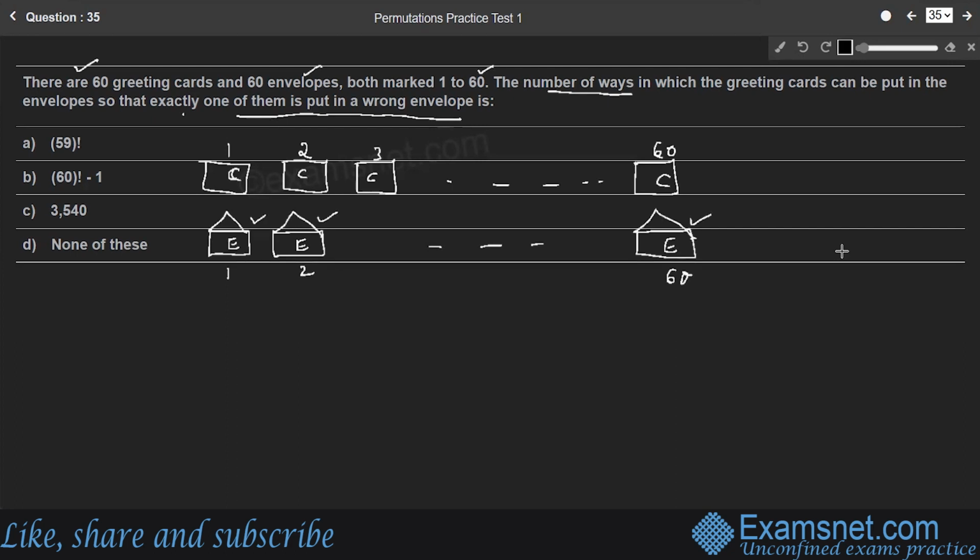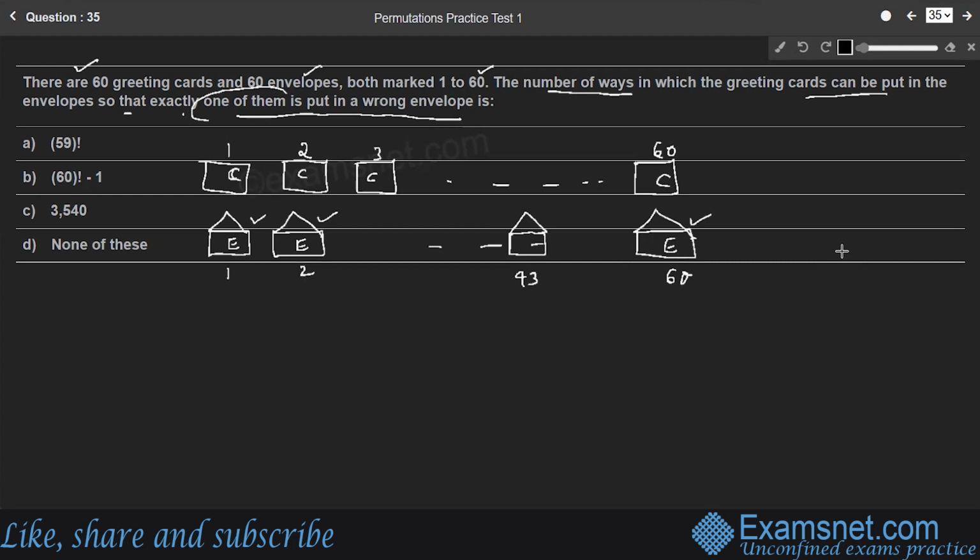So it is given that the greeting cards can be put in the envelopes so that exactly one of them is put in the wrong envelope. So somewhere in the middle, say for example in envelope number 43, the card is wrongly placed in that particular envelope, right?